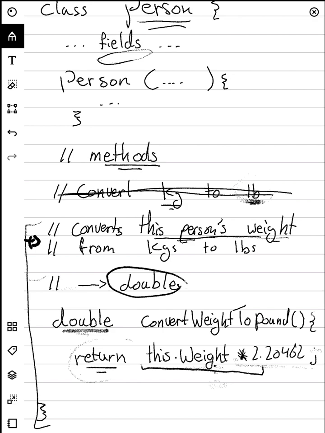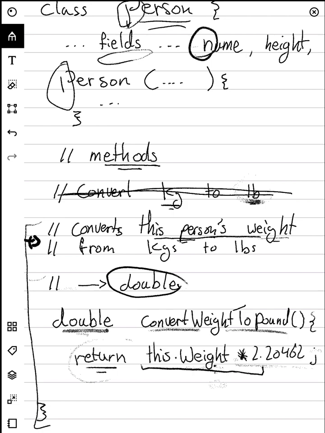One thing I'll just mention is the naming conventions. Remember how fields always start with a lowercase, so we have name, height, and so on. The constructor and the class name are always uppercase. And in Java, naming convention is typically what we call camel case.